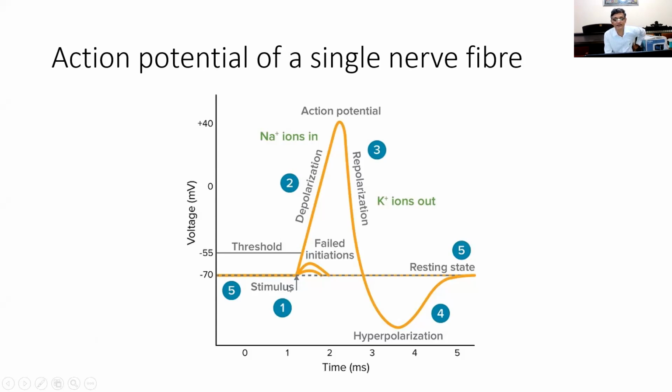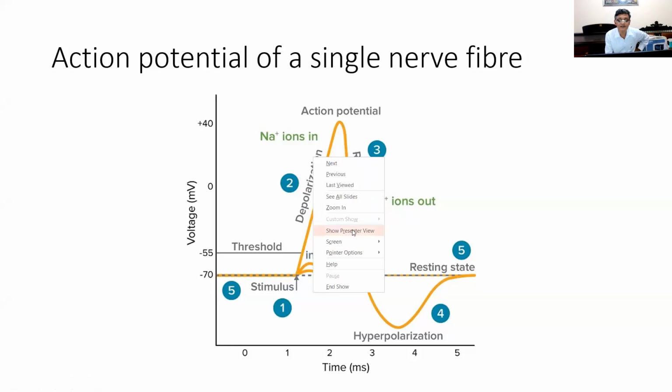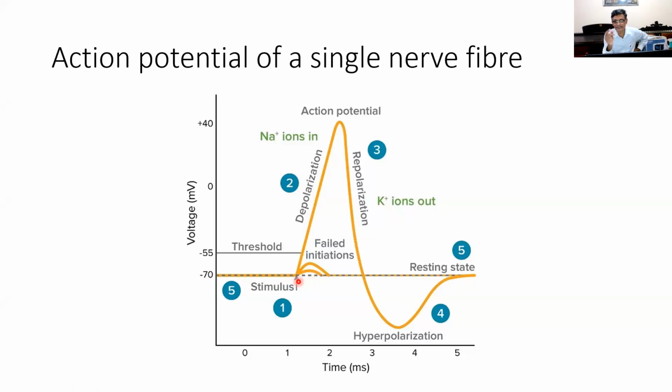And then at point 1, you give a stimulus from outside. If it is a very small electrical or chemical stimulus, it may generate some action potential which may die off. Few sodium channels will open and nothing happens, it will die off.